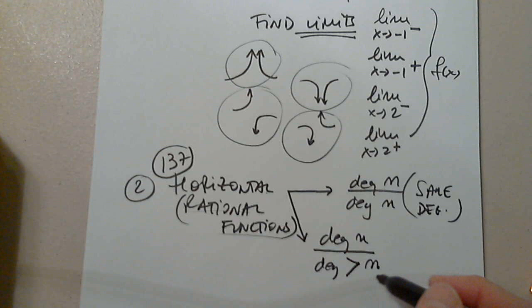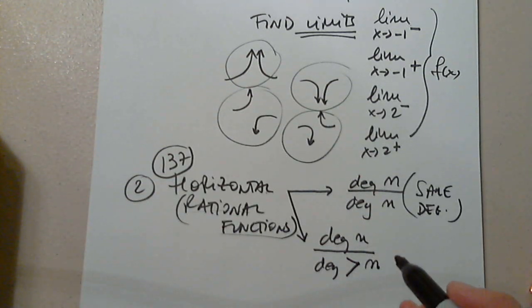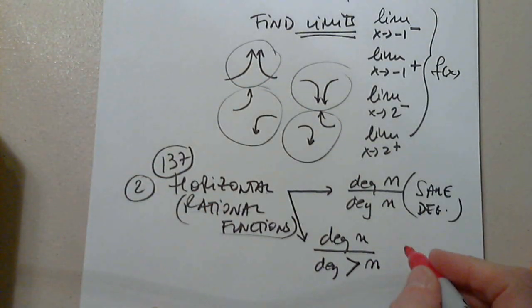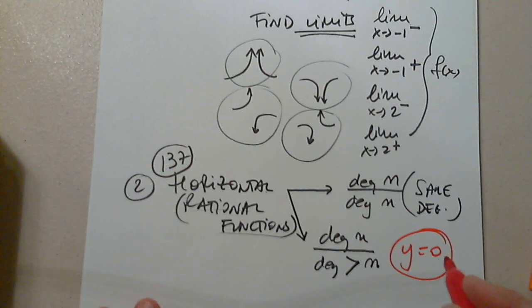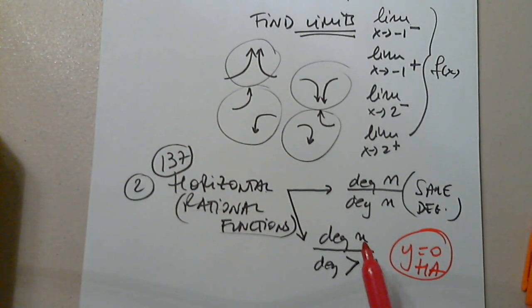Degree 1, degree 5. Degree 2, degree 10. Degree 5, degree 15. This one is very simple. What is the horizontal asymptote in this case? Always 0. So if the degree of the numerator is 2 and the degree of the denominator is 3, the horizontal asymptote is 0.